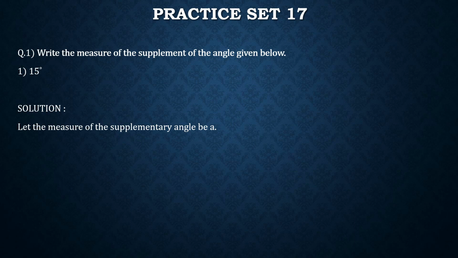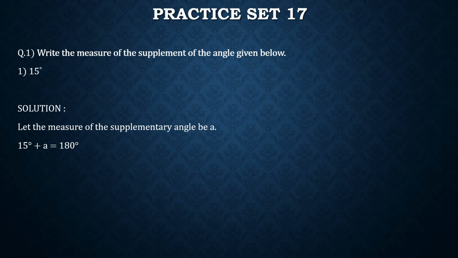We have to solve it just like we solved it in practice set 16, first question. So 15 plus A is equal to 180 degrees, because if the sum of the measures of two angles is 180 degrees, then those two angles are said to be supplementary angles.